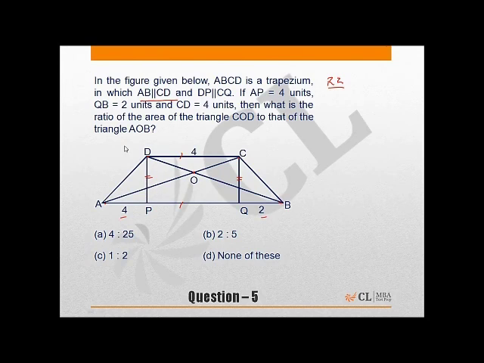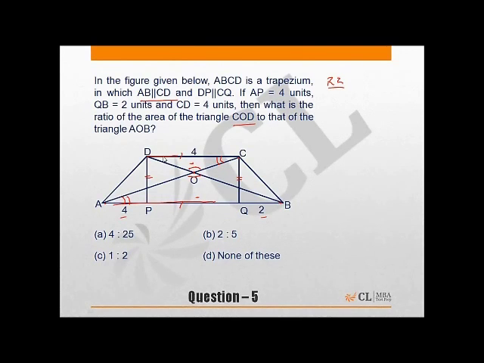We need to find the ratio of the area of triangle COD to triangle AOB. Now what is obvious to us is these two triangles have to be similar because they have vertically opposite angles. The question also tells us that CD and AB are parallel. That means AC is a transversal, so this angle and this angle should be equal.